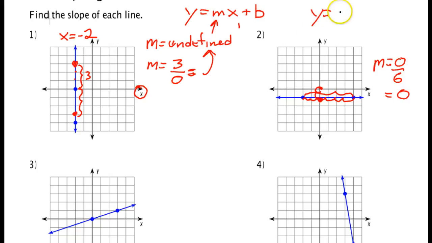So it's y equals 0x minus 2, but you can leave off the 0x because 0 times x is 0. So we have y equals -2. Slope is 0. And remember not to confuse undefined slope, also known as no slope, with the 0 slope. Sometimes we think I have no money, I have 0 money. That's the same thing. Mathematically, these are different. Having a slope and it's 0, and not having a slope at all, different.